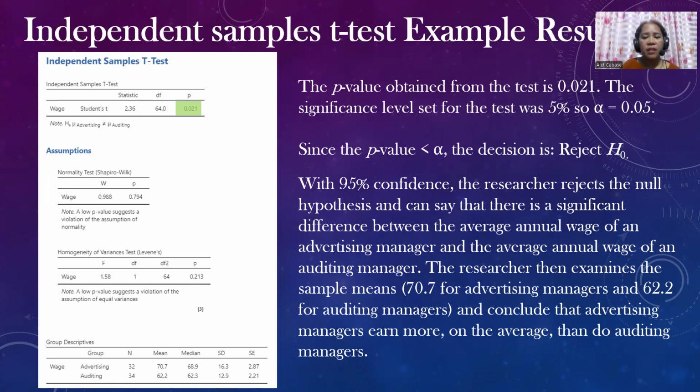The researcher then examines a sample mean of 70.7 for advertising managers and 62.2 for auditing managers, and concludes that advertising managers earn more on average than auditing managers. Okay?